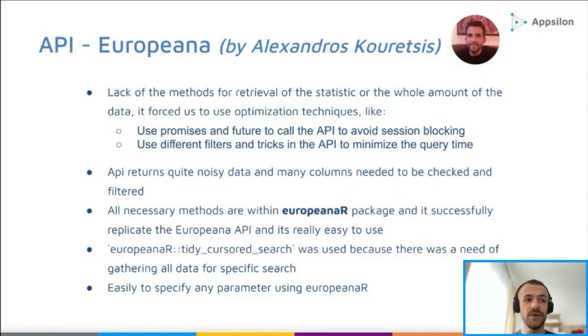Also, if we find something in the API description, we can easily use this parameter by specifying it in any call with EuropeanaR. So it was a very helpful package for us.